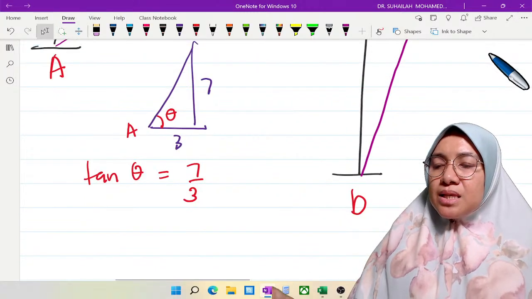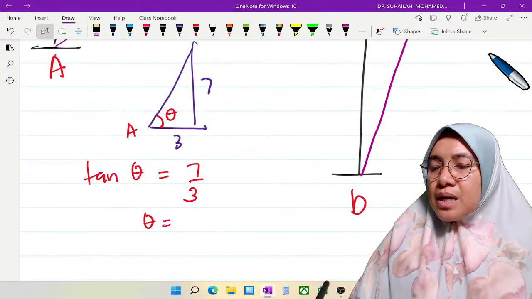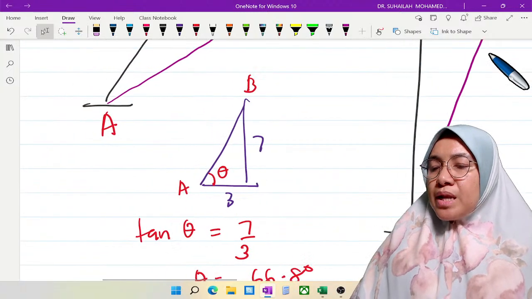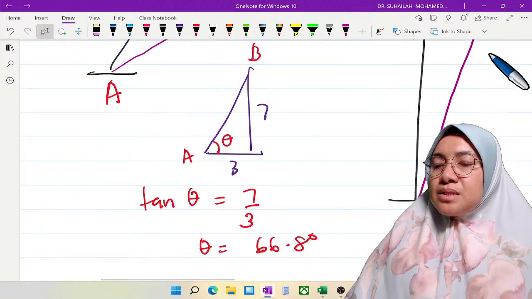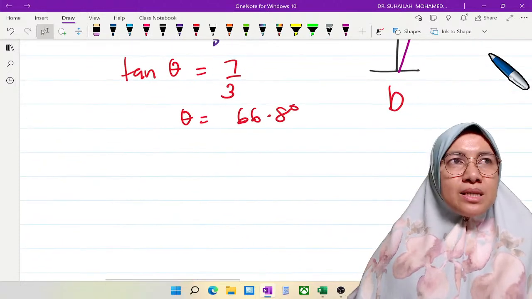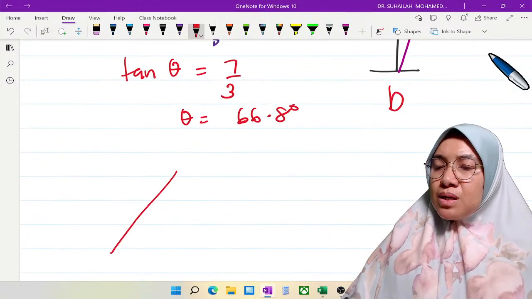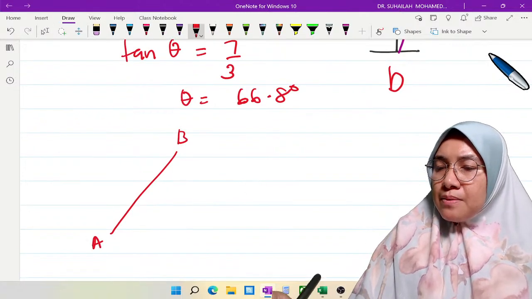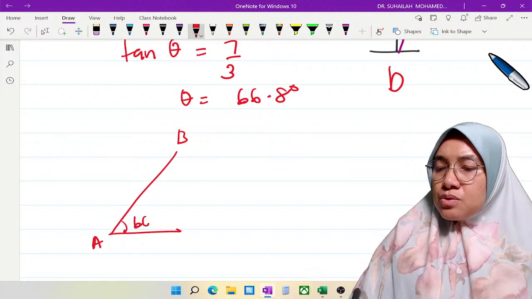So arc tangent gives theta equals 66.8. Where is this 66.8? It is like this, this column. This is A, this is B. So this is 66.8.